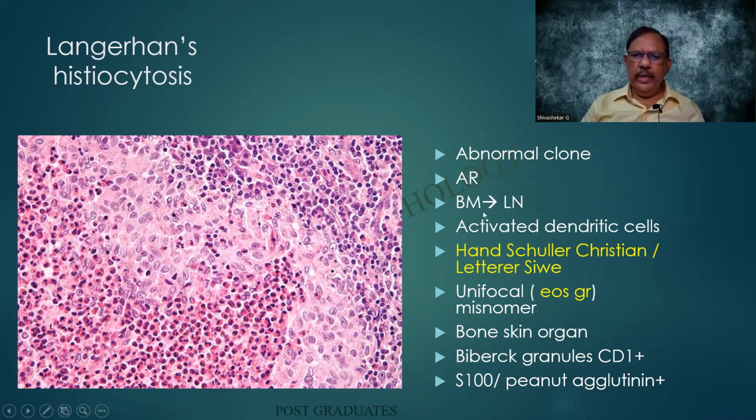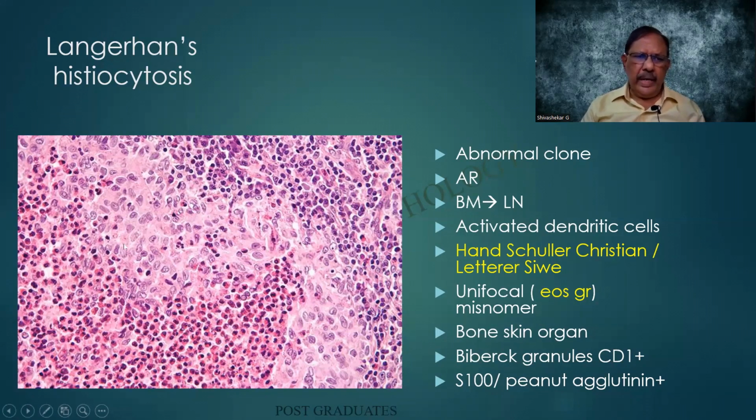From the bone marrow to the lymph nodes, we find abnormal cells accumulating, which are activated dendritic cells. The bone and the skin are the various organs which can be affected. There can be the Birbeck granules, which we shall be seeing in the next slide. S100 or peanut agglutinin can be a marker for it.